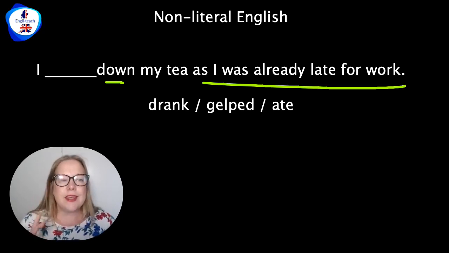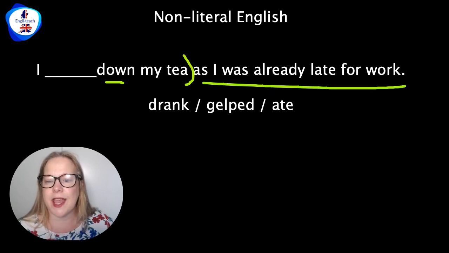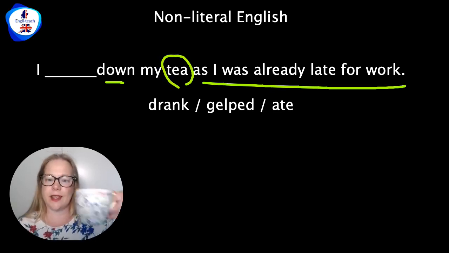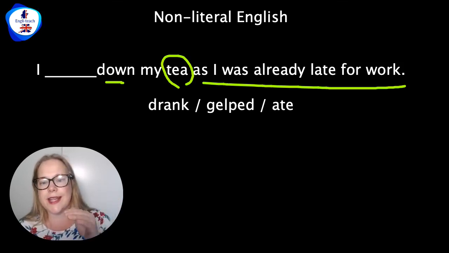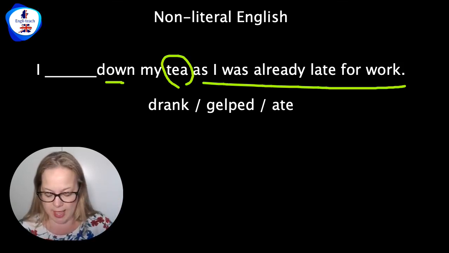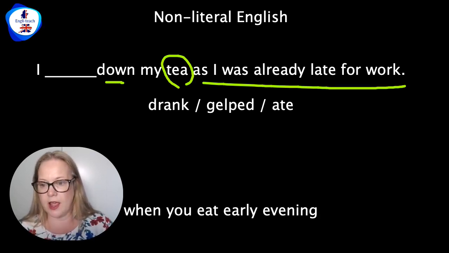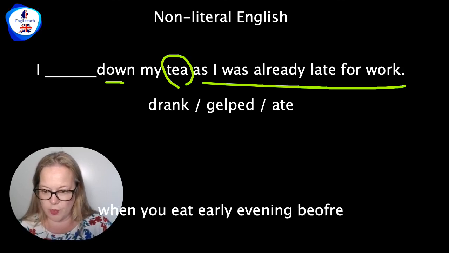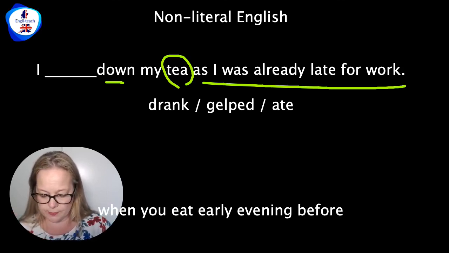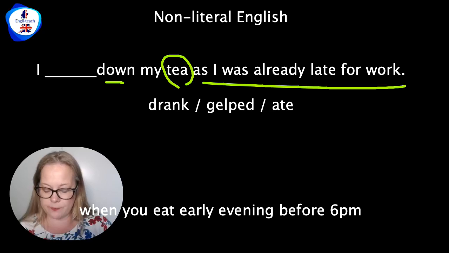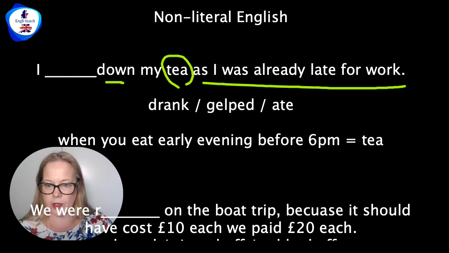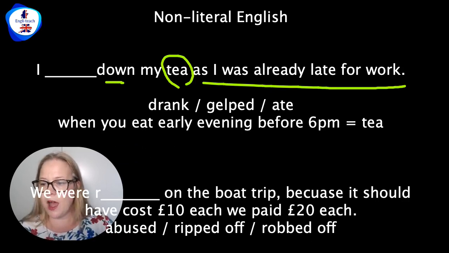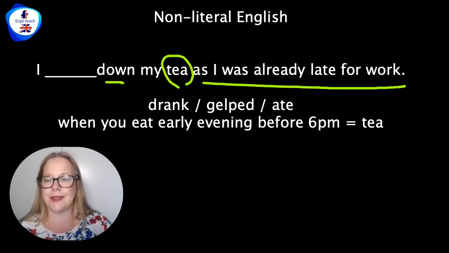Now, in the UK, tea can mean a cup of tea, but it can also mean dinner or food that is eaten early evening. When you eat in the early evening, I would say normally before 6 p.m., we call this tea. After 6 p.m. is normally dinner.